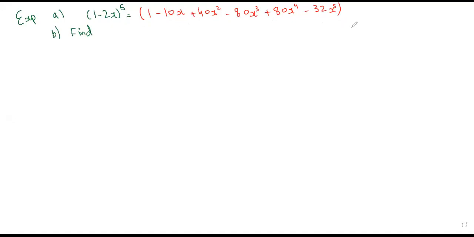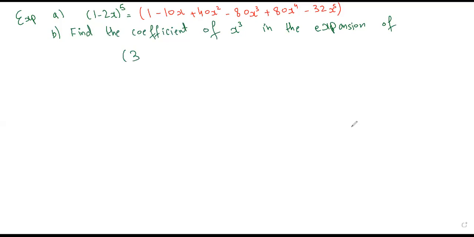It says find the coefficient of x cube in the expansion of 3 plus 5x multiplied by 1 minus 2x to the power 5. Now, first we need to understand the concept. That is the main thing. And then we'll talk about how to do it.